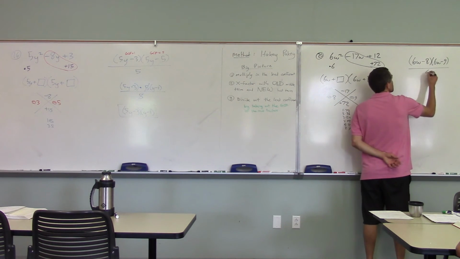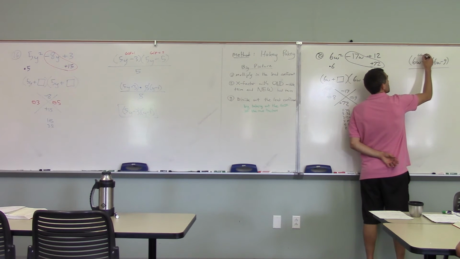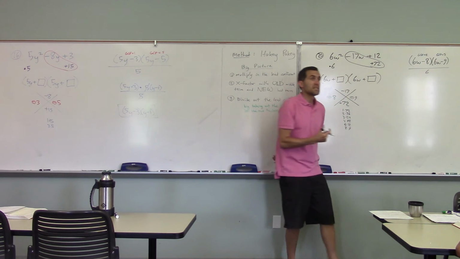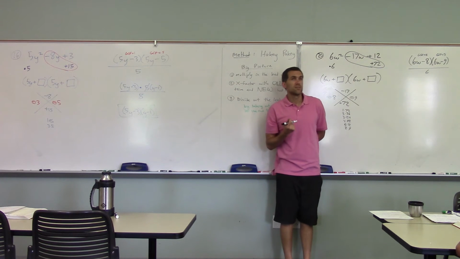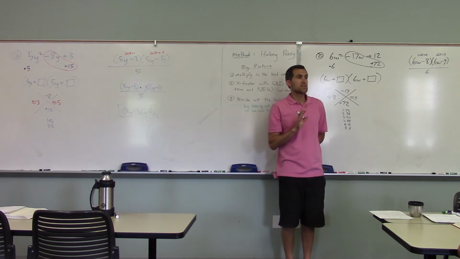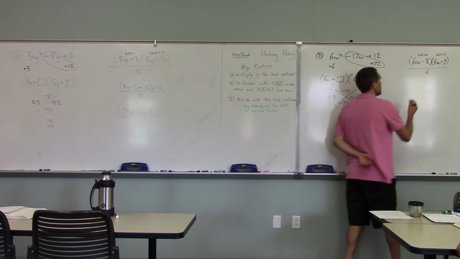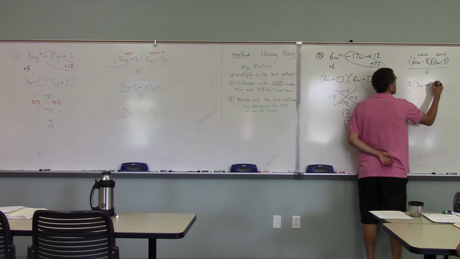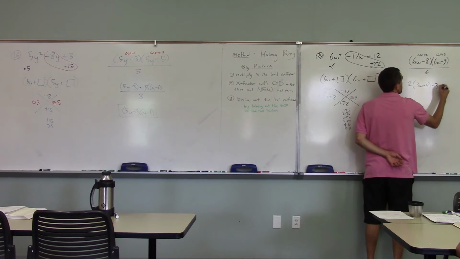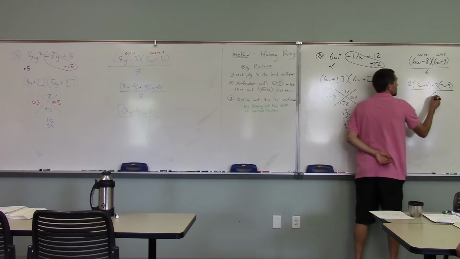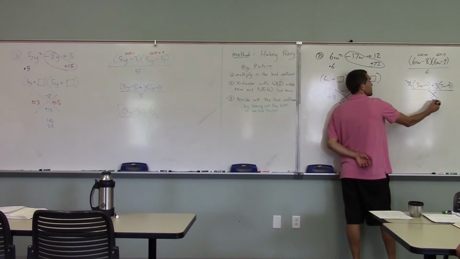So, what was the GCF of this one? 2. What's the GCF of this one? 3. Yeah. So you see how the 6 isn't residing in just one of the parentheses? Part of the 6 is in one, part of the 6 is in the other. So easiest way is always, just take out the GCF at the end, and you get 2 times 3w minus 4, times 3 times 2w minus 3, all divided by 6, and sure enough, the 2 and the 6 cancel to leave a 3.